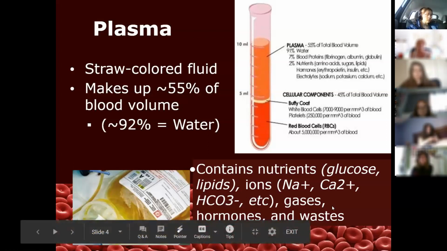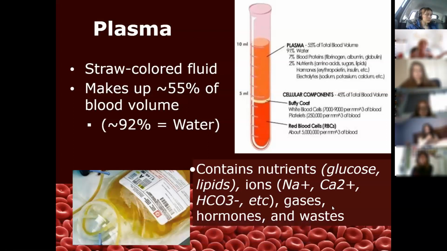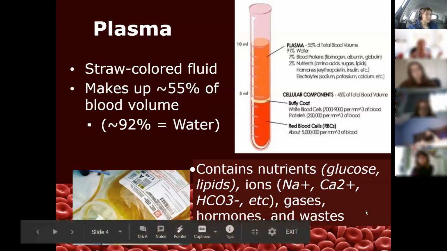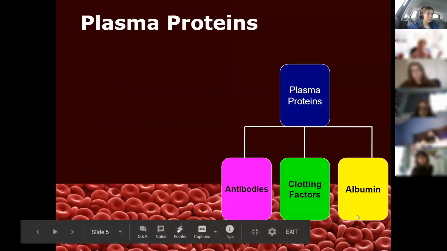Hormones are part of your endocrine system. They're released from a gland. They travel through the bloodstream and they talk to other cells to cause a response. Similar to neurotransmitters, but neurotransmitters run through neurons and hormones run through blood. And they're going to take away the waste products from other cells.